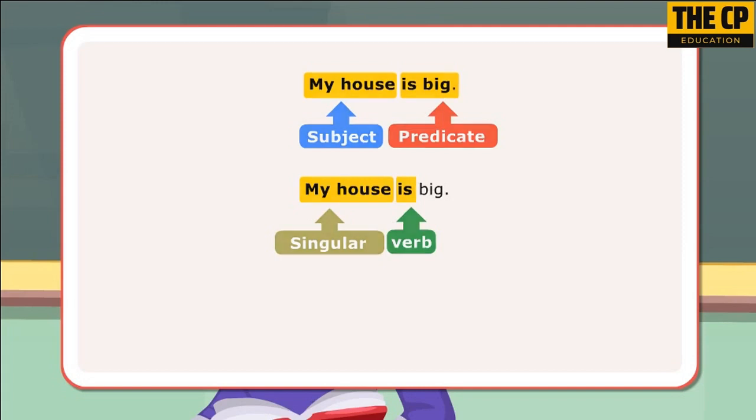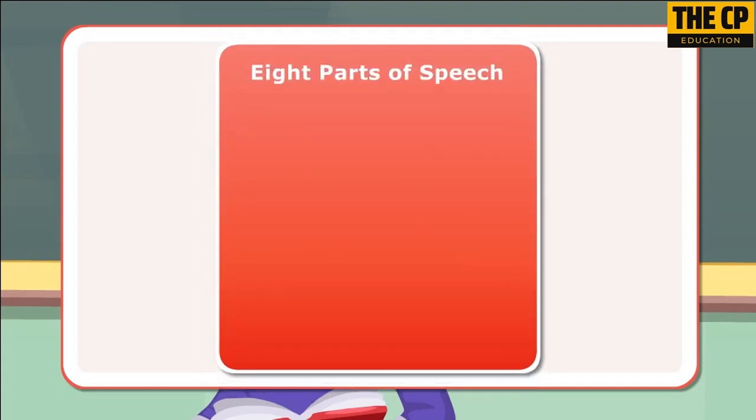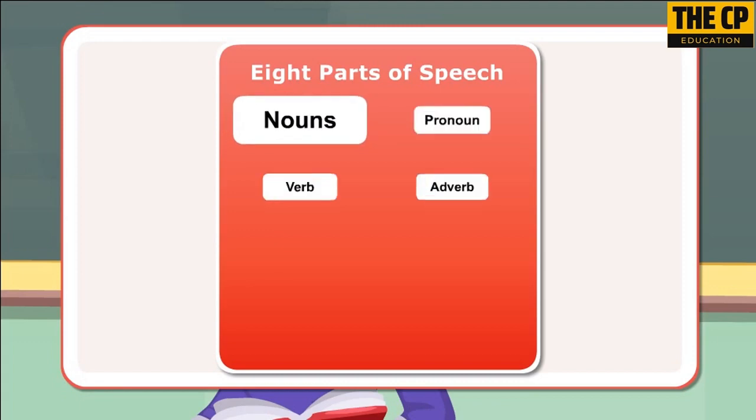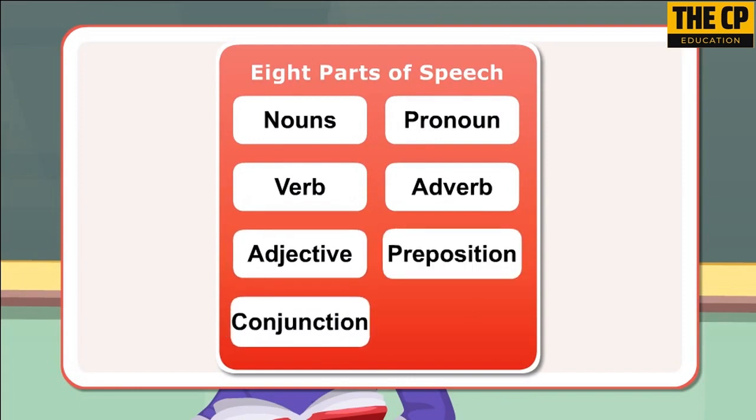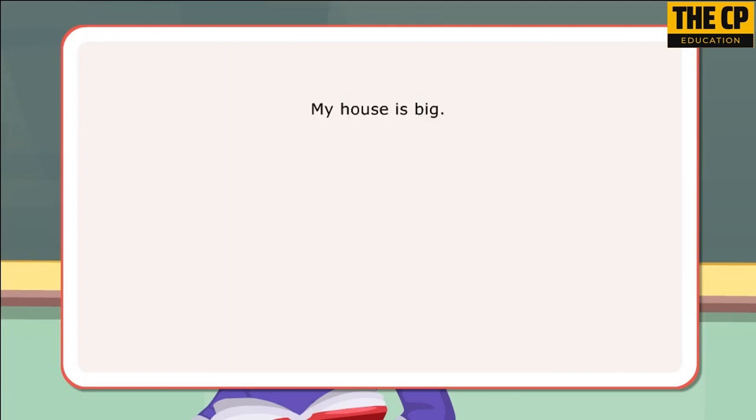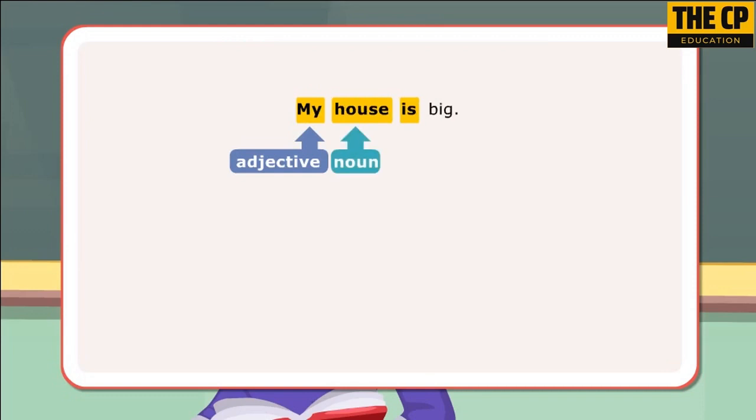There are 8 parts of speech that appear in a particular structure in a sentence. These are nouns, pronoun, verb, adverb, adjective, preposition, conjunction, and interjection. Example: my adjective, house noun, is verb, big adjective.